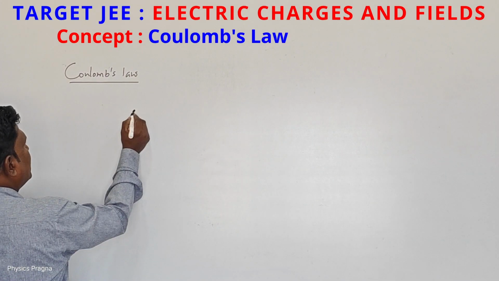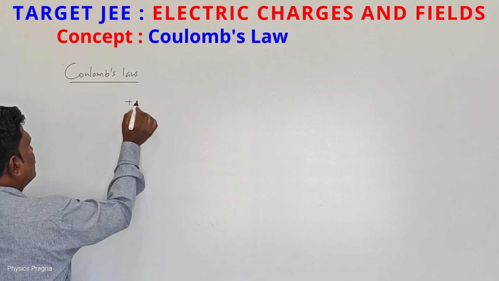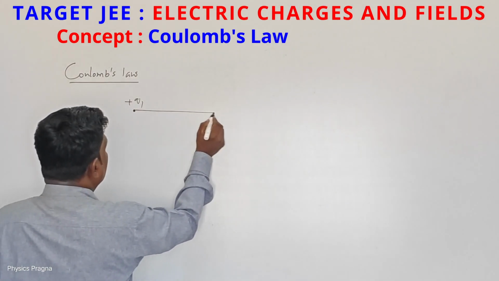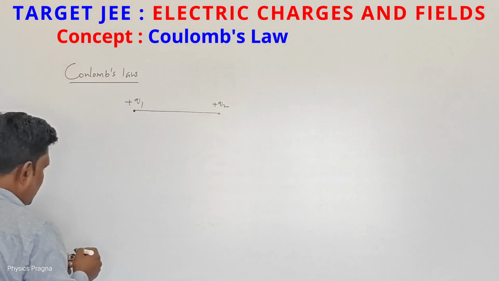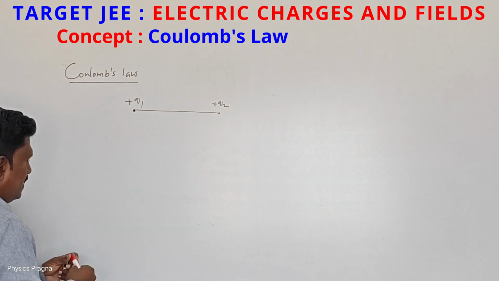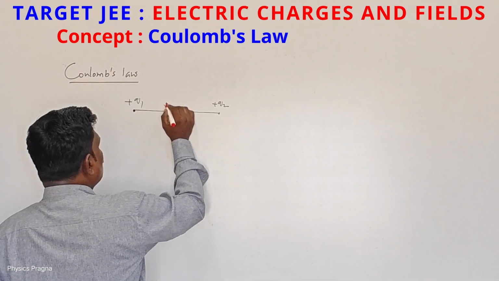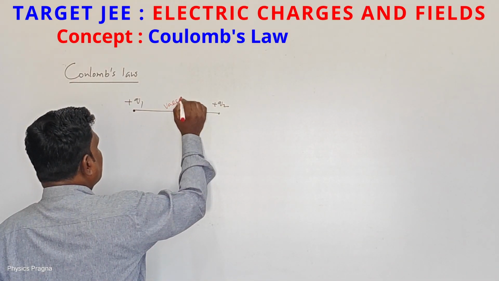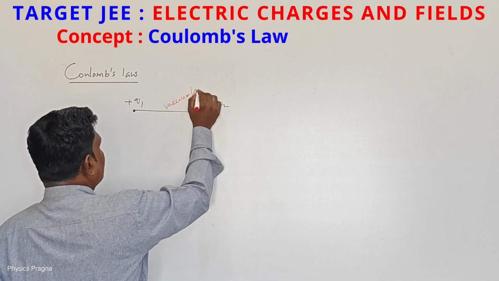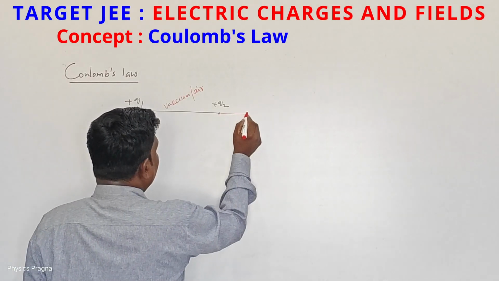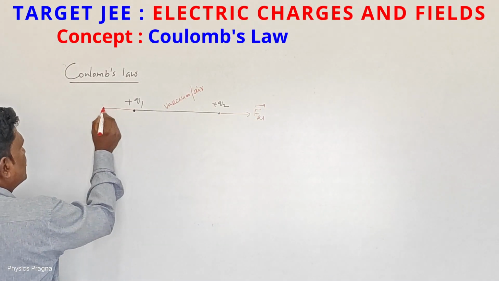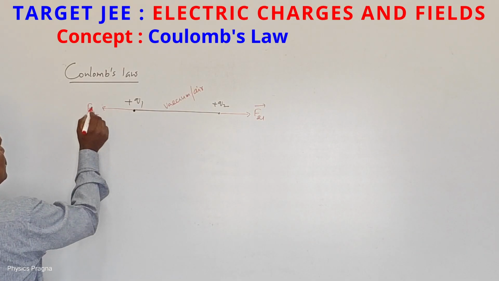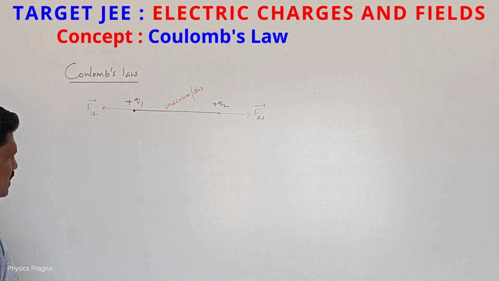This is the vector form of Coulomb's law. If two charges are there, this is plus Q1 and this is plus Q2, then between them vacuum or air is there. This is the direction of force on the second one because of the first, and this is the direction of force on the first because of the second, if they are like charges.